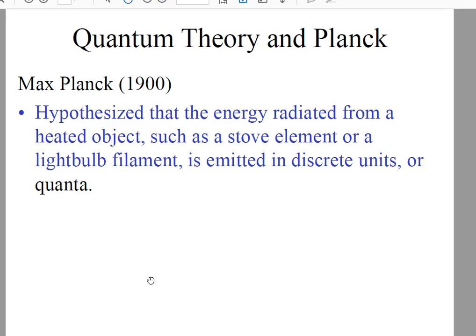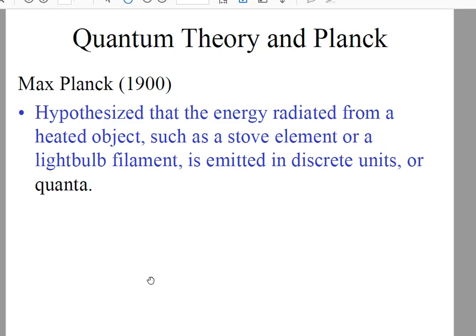He hypothesized that the energy radiated from an object, the energy coming off of an object such as a heated stove, a light bulb, anything that's giving off heat, comes off in discrete units, and that's what a quanta is. So when you hear the word quantum, just think of little packets, discrete units.